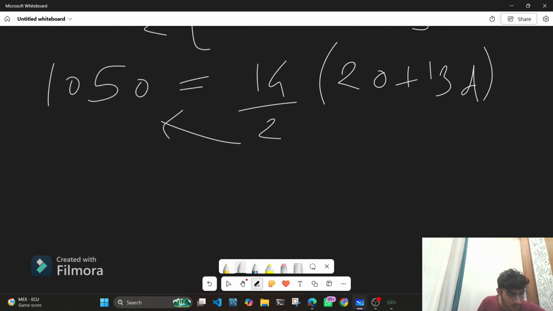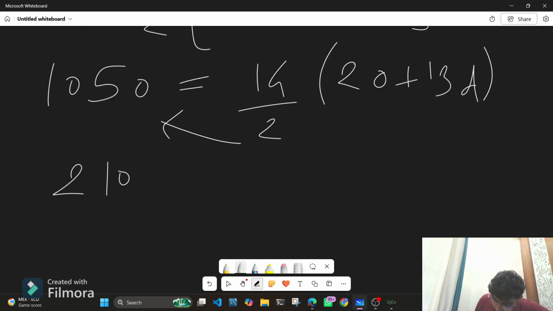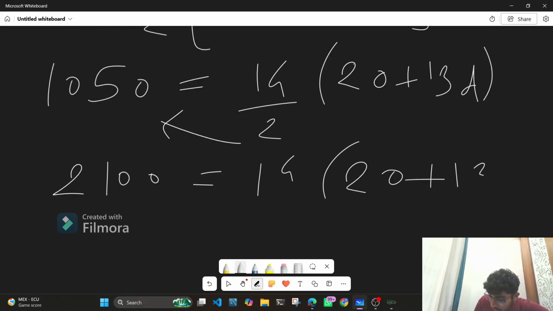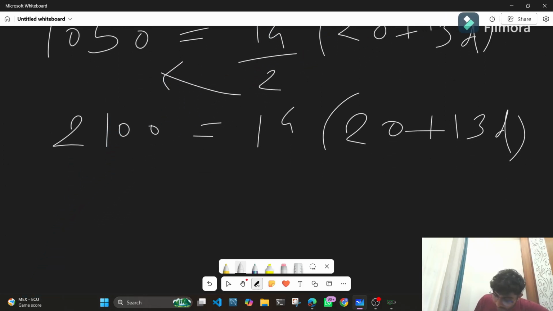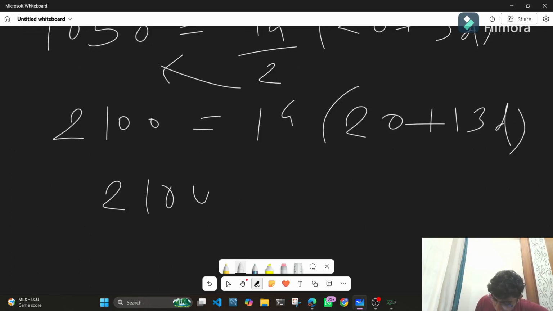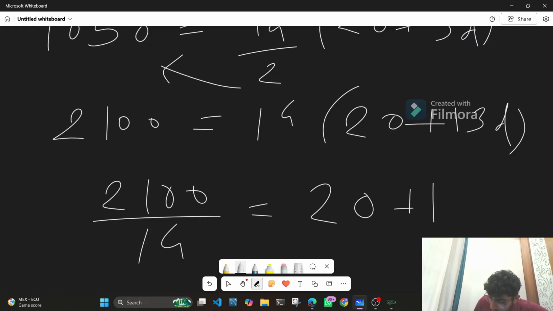Now if we calculate it, we send the 2 over here, so we get 2100 = 14 into (20 plus 13d). Now if I send the 14 over in division, 2100 upon 14 is equal to 20 plus 13d.